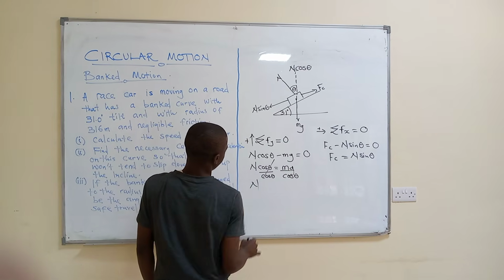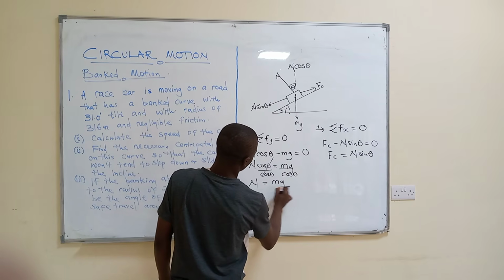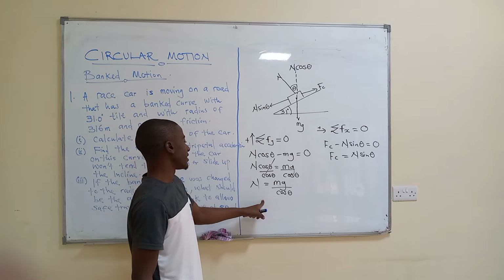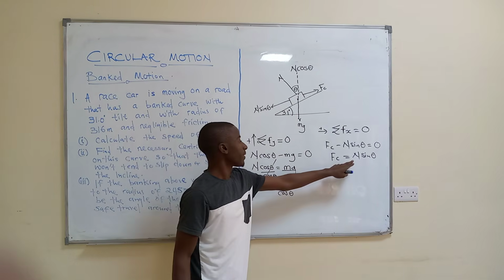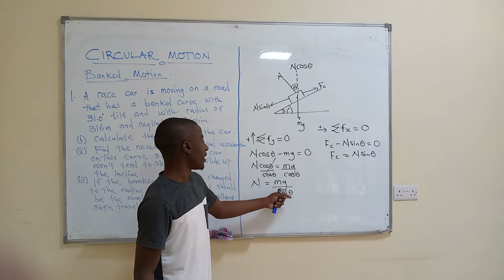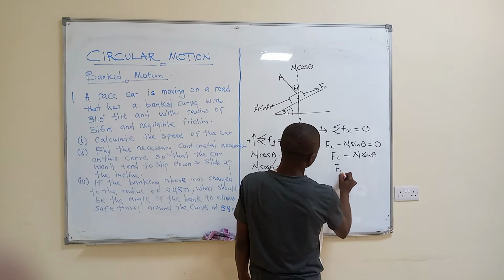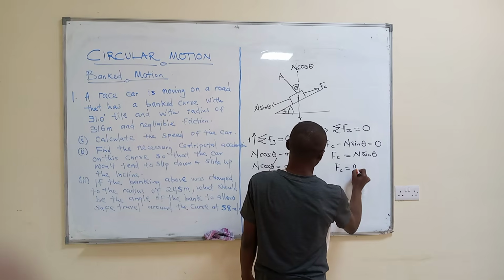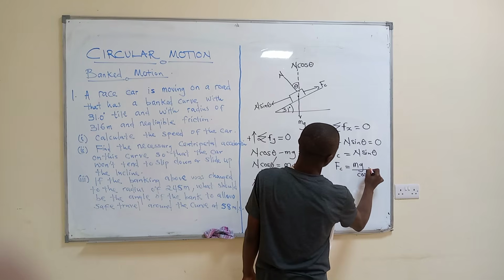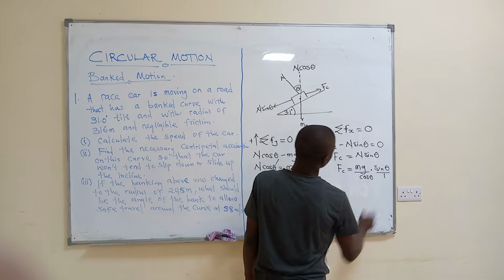That is n is equal to mg over cos theta. So this simply means that where there is n, I'm going to replace with mg over cos theta. So that is centripetal force is equal to mg over cos theta multiplied by sin theta over 1.